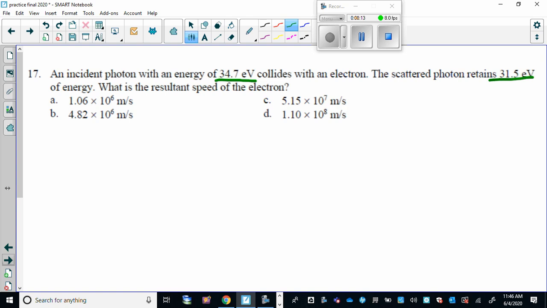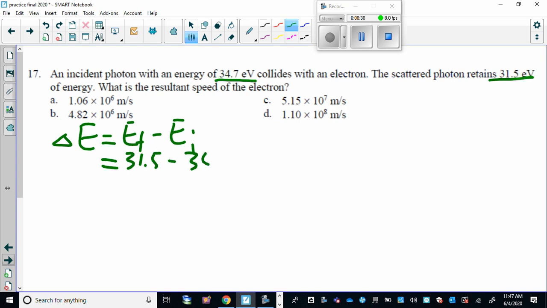When we assume that these collisions are elastic, which means all the energy that the photon gives is going to be given to the electron, and therefore we can just go delta E equals. This is one way you can do it. 31.5 minus 34.7, and you subtract those and you get 3.2 eV.